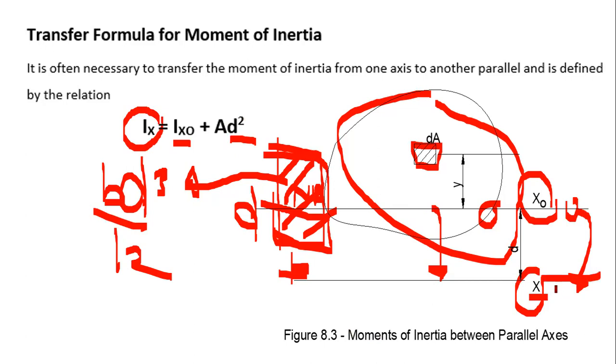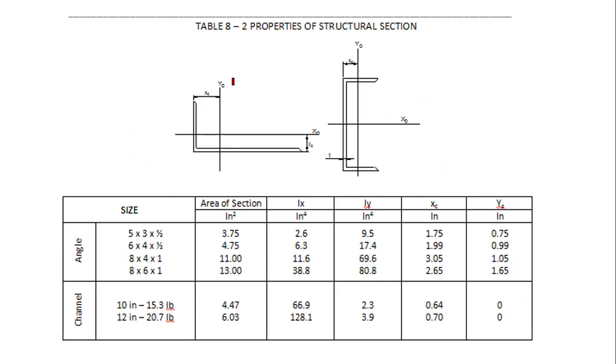The purpose of this, as I said earlier, is for specific structural steel design structures, like I-beams or some other structures that are not available, so you need to have a built-up section, and you have to do this transfer of moment of inertia. Just like this one, an example of property of a structural section, an angle bar.